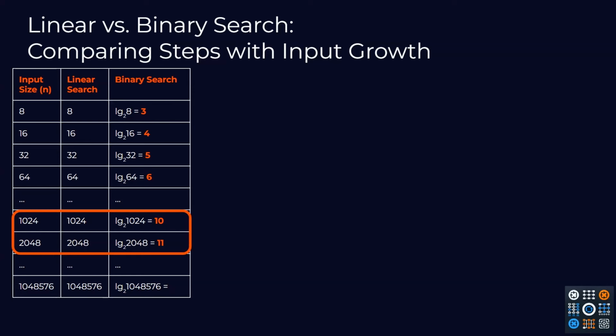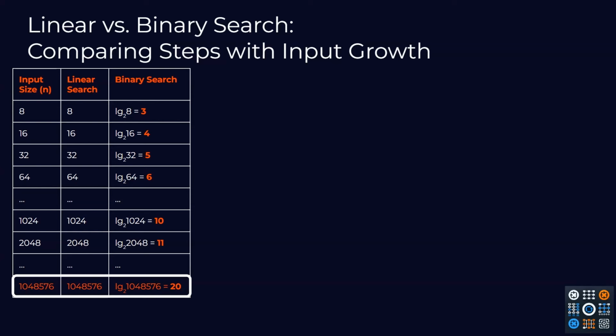On the other hand, binary search works in 10 steps only, because log of 1024 with base 2 is 10. Finally, in the last row, when the input size is over a million, binary search takes only 20 steps to complete the search, compared to linear search, which will require over a million steps in the worst case.